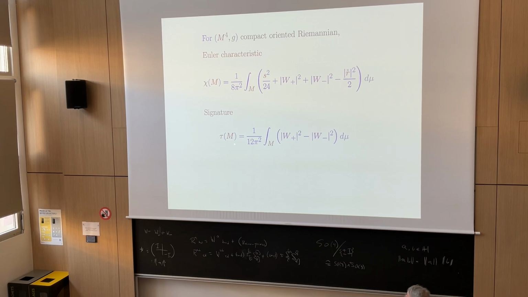This is related to a theorem really due in dimension 4 to Rokhlin-Thom and then generalized to higher dimensions by Friedrich Hirzebruch, which is that the signature of a manifold whose dimension is divisible by 4 is expressible in terms of Pontryagin numbers, and Pontryagin numbers are expressible in terms of curvature integrals.